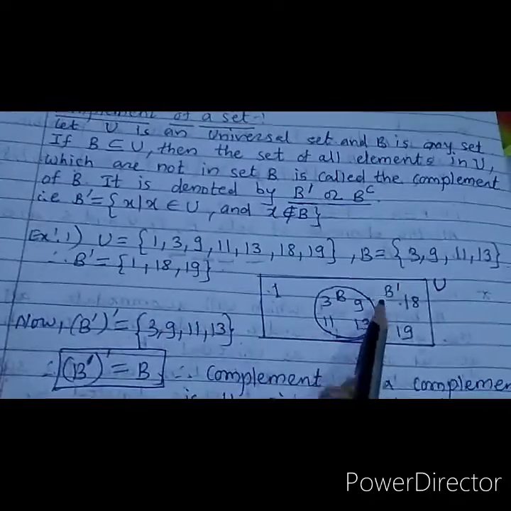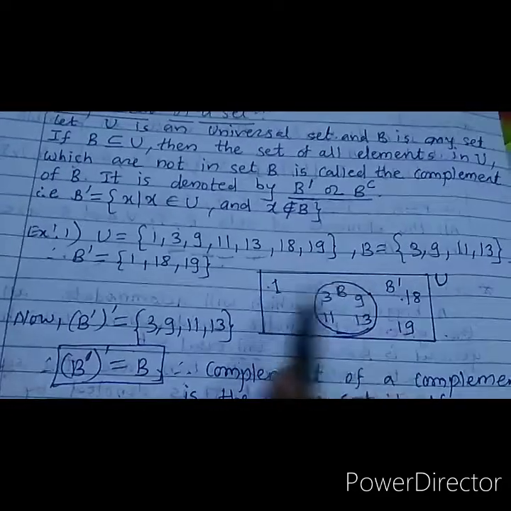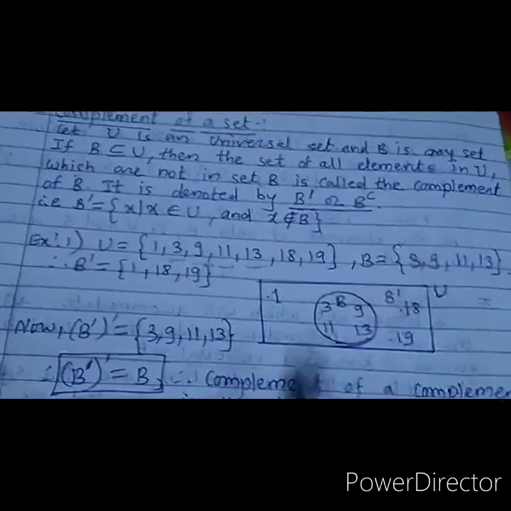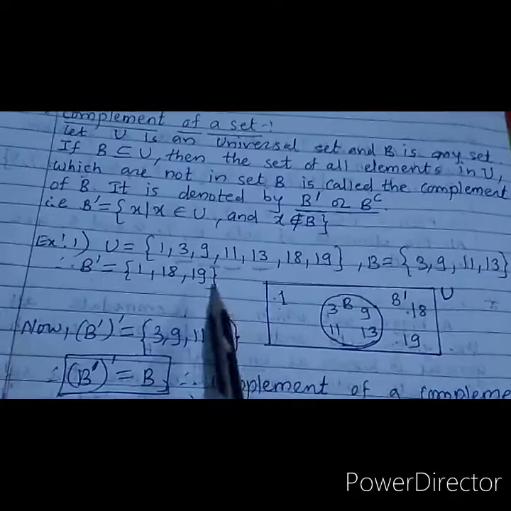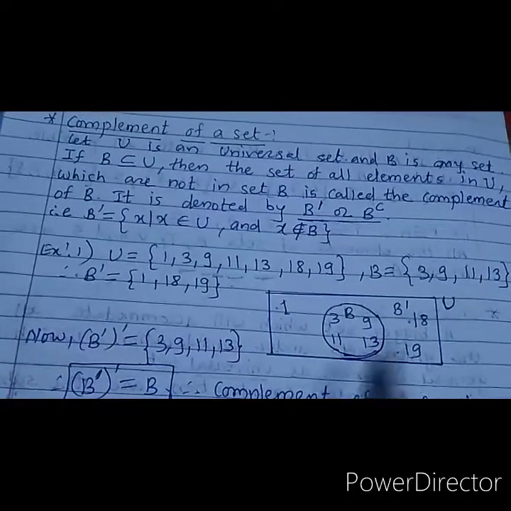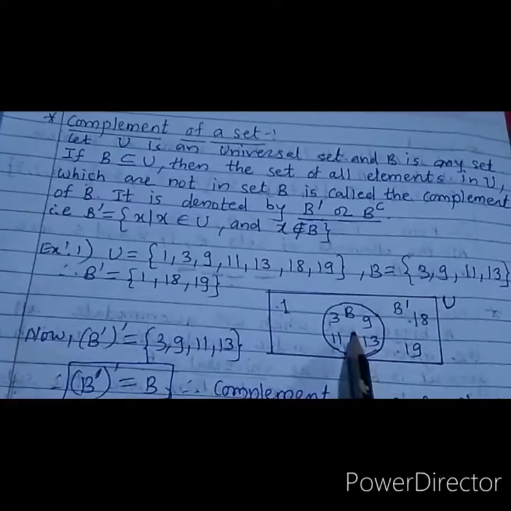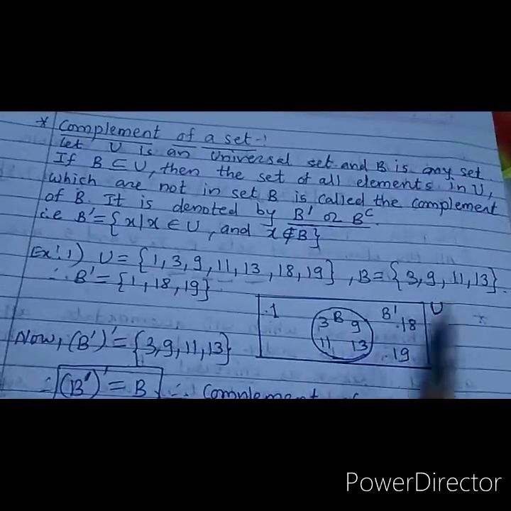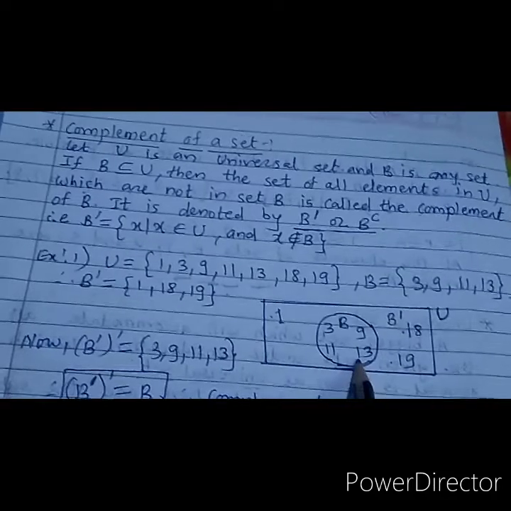So we can represent it by a Venn diagram. This is the universal set, and the universal set contains all these elements 1, 3, 9, 11, 13, 18, 19. Now the elements of set B are 3, 9, 11, 13.